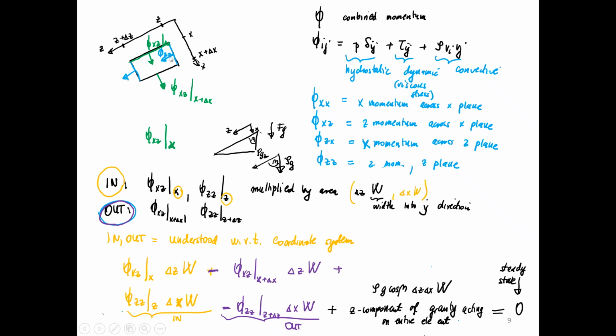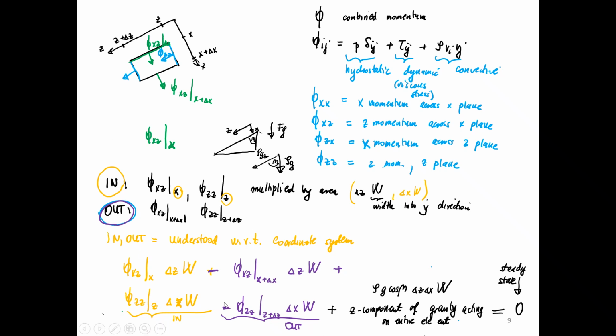And then phi zz evaluated at z times area, which is now delta x times w, minus phi zz at z plus delta z, that's right here, times this area here, right? So flux I have to either integrate over area, or if it's constant on that chunk, I can just multiply it by area. Is that physically right?